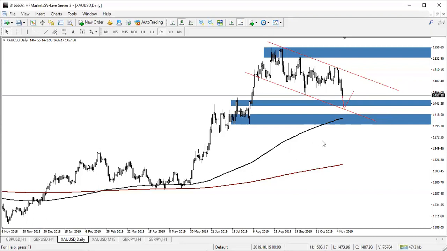So in summary, the general overview on gold, we are expecting a continuous bearish momentum to test, one, the diagonal zone, which is our demand zone. Then some momentum drop to test our lower boundary of this channel.